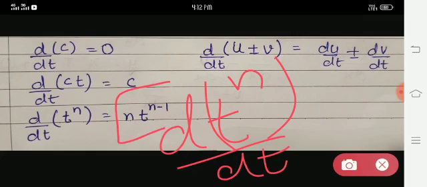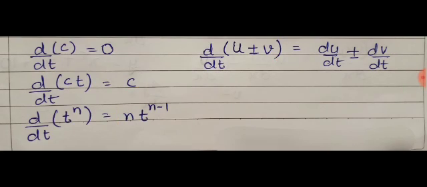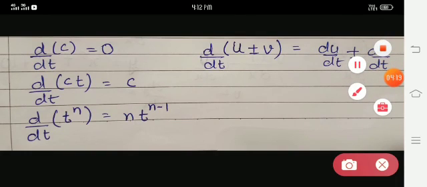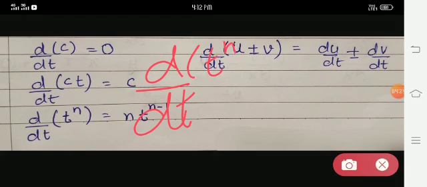It will be written as d upon dt of t raised to the power n: we write this power n outside the quantity, then write t here, and the power is decremented by 1.